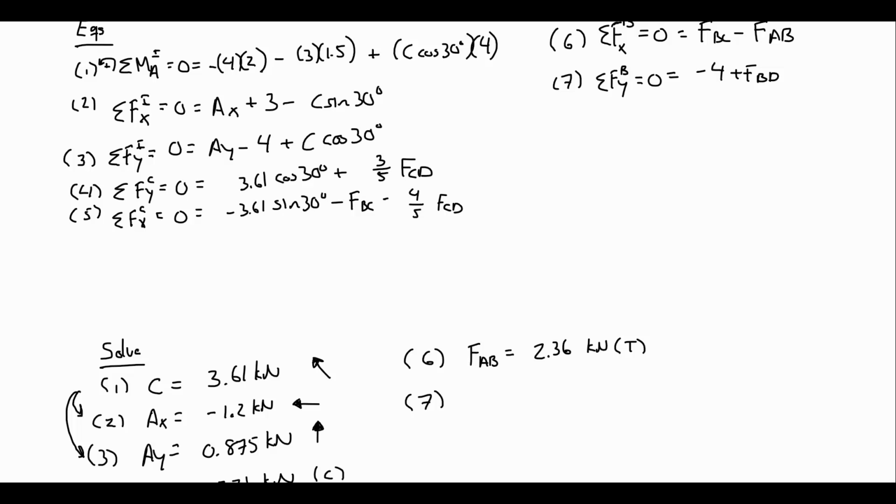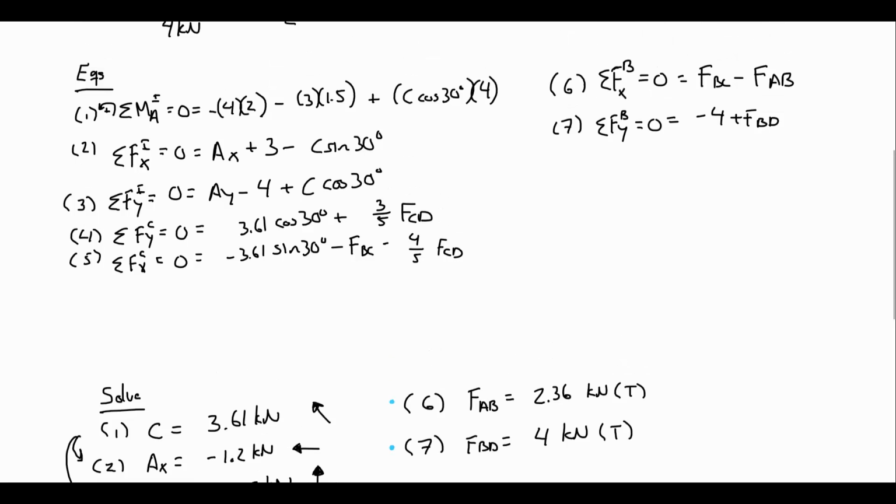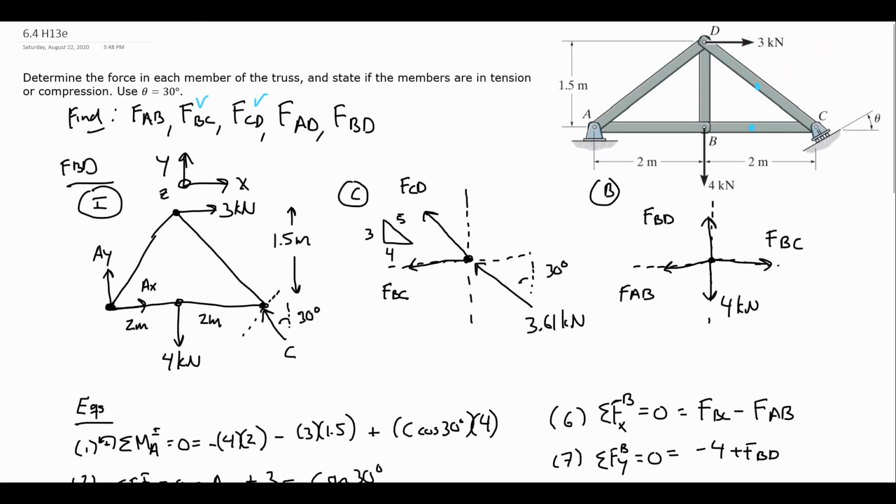And then in equation 7, FBD is the only unknown in this equation. FBD, I'm going to get a positive 4 kilonewtons, so it too is in tension. FAB and FBD, I now know.